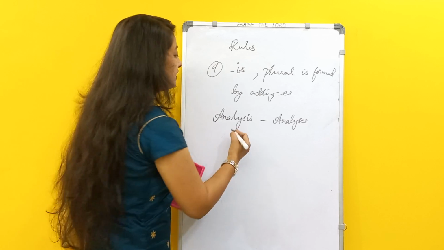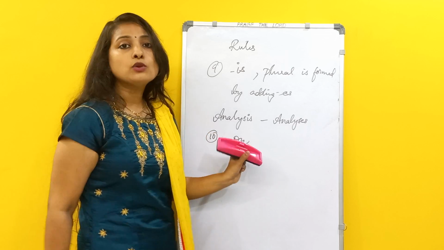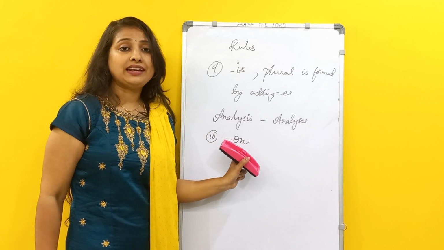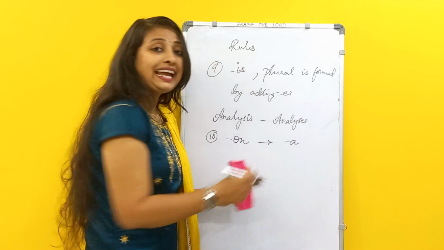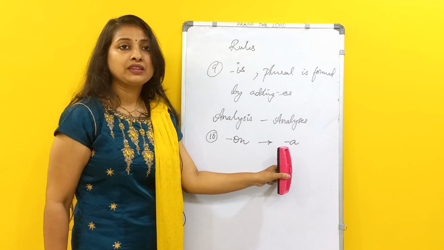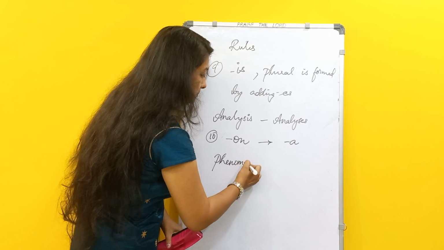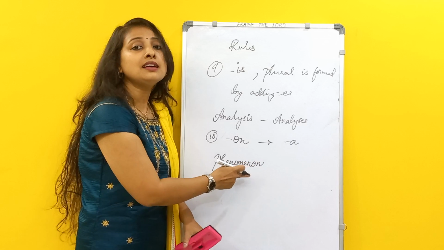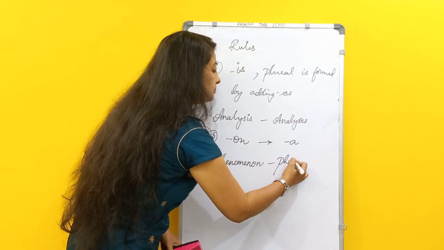Now suppose if a noun is ending with ON, then its plural is formed with an A as an ending. Like phenomenon. This is the singular.